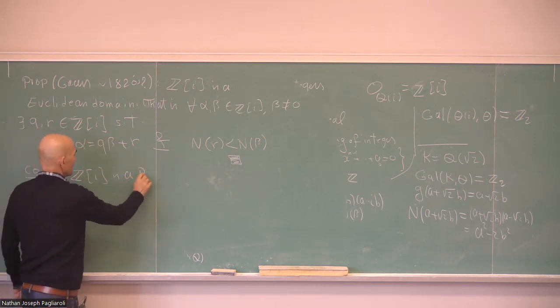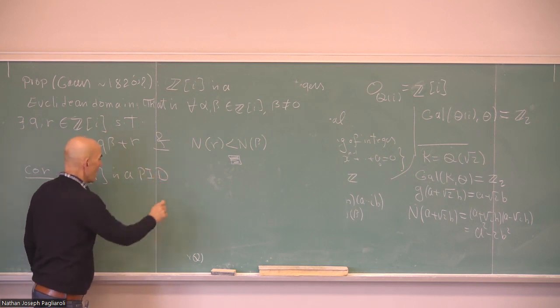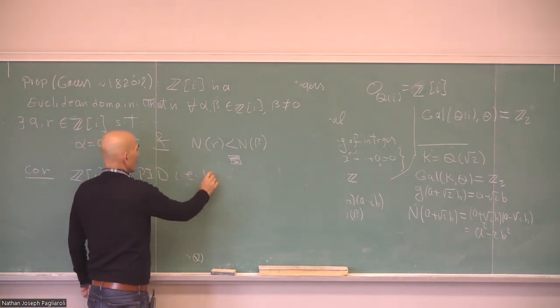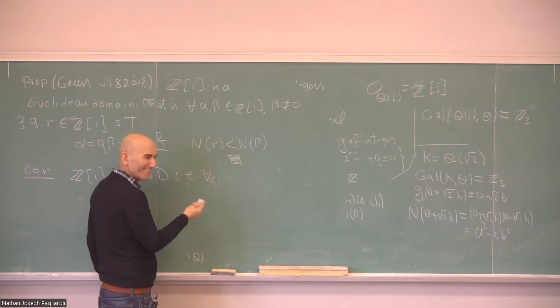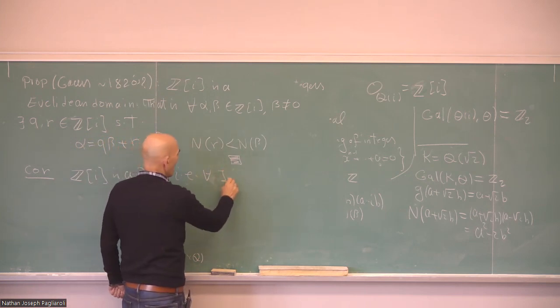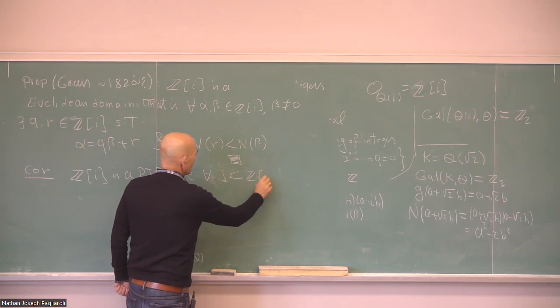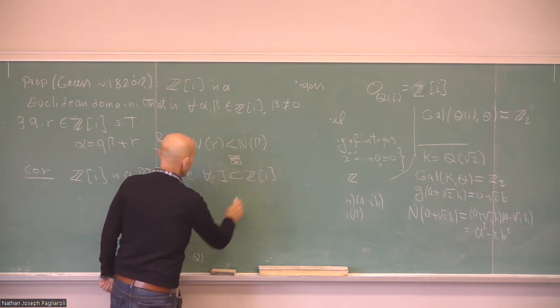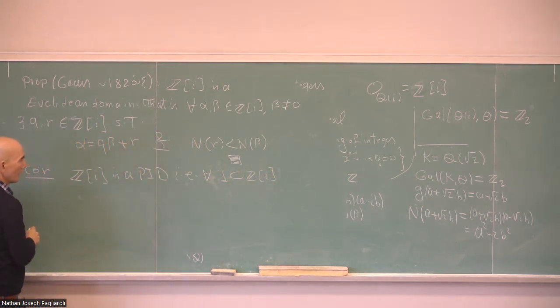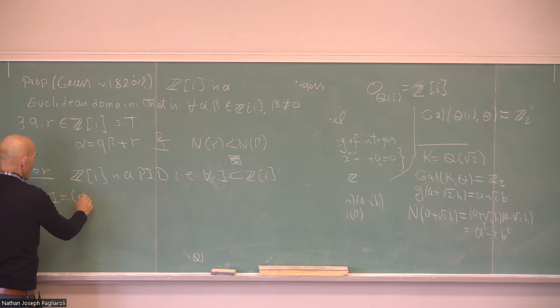Z[i] is a PID, i.e., for any ideal I in Z[i], I is equal to (alpha). This is not my notation for principal ideal.